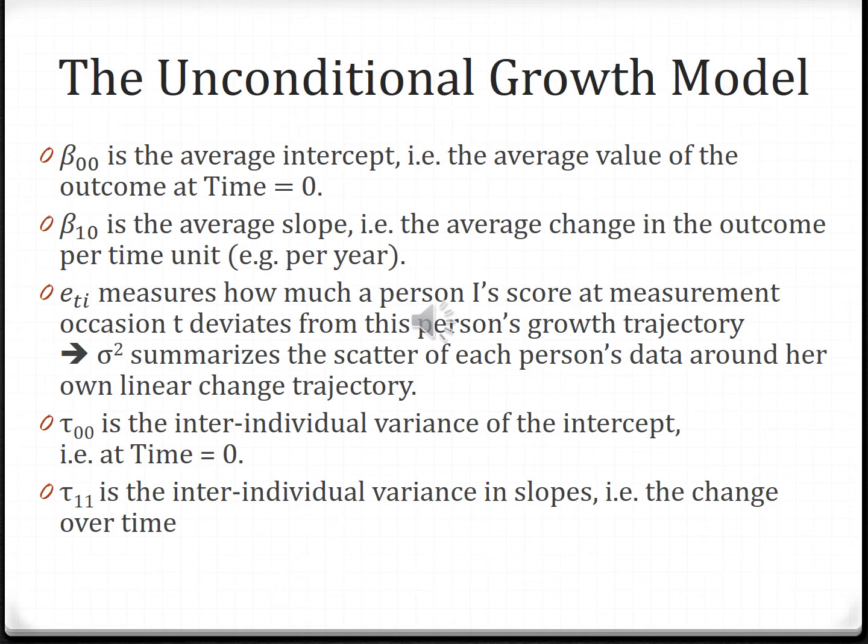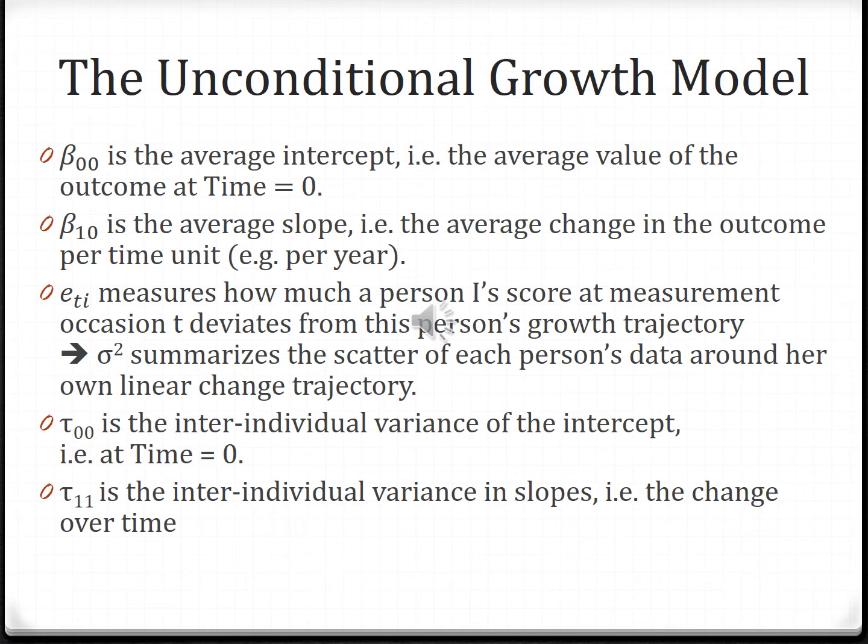Then we get the R_0I and R_1I, which are associated with tau 00 and tau 11. Tau 00 is the inter-individual variance of the intercept. So what's going on in terms of variance in this sample at time equals 0?